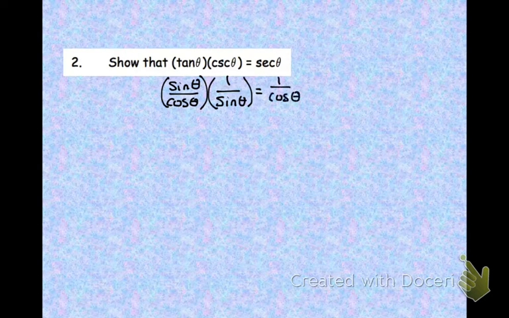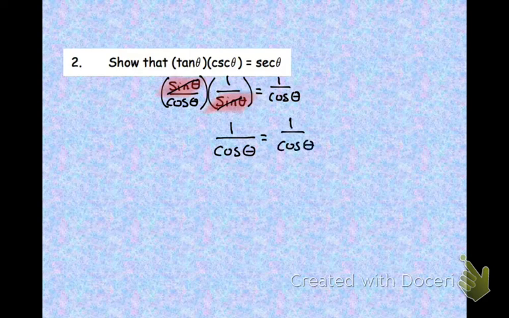Now, if we were multiplying these, which we are, there's no sign, so it's multiplication, we should be able to tell that this sine and this sine cancel out because you have 1 on the top and 1 on the bottom. So if these cancel out, we're left with 1 on the top over cosine on the bottom, and on the other side it's just 1 over cosine.